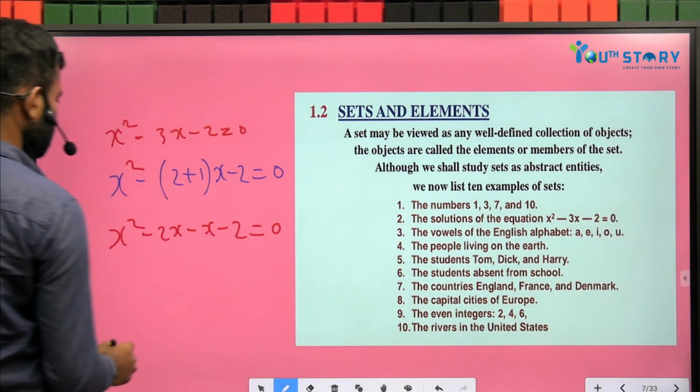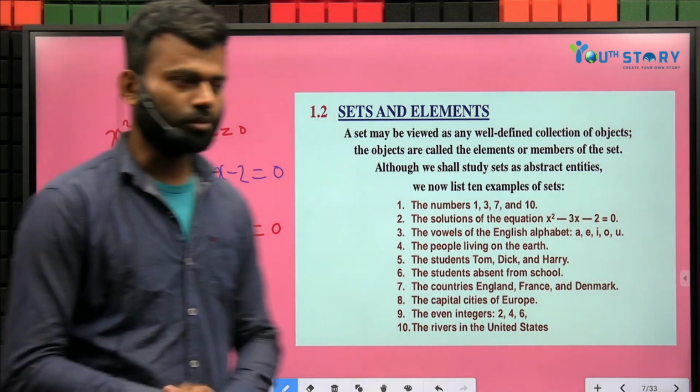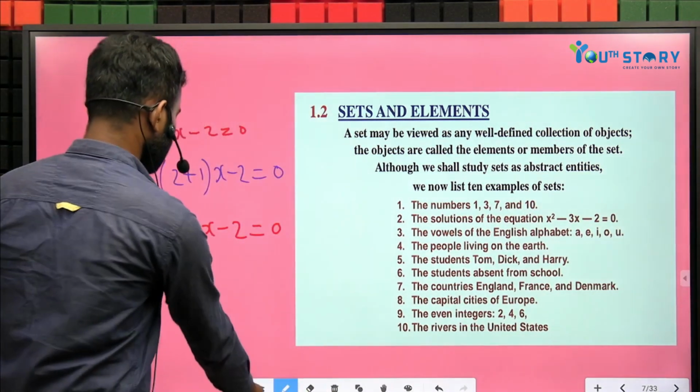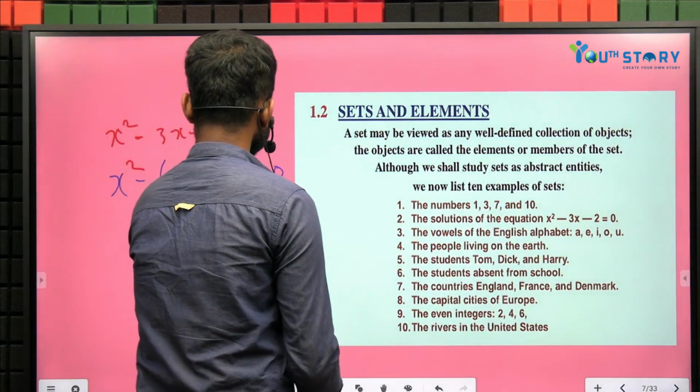In this process, we are unable to find the roots, so we use another method for finding the roots.